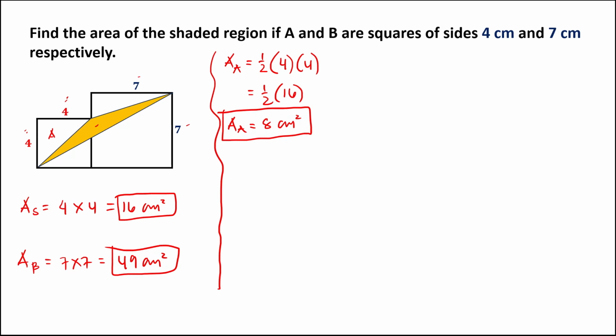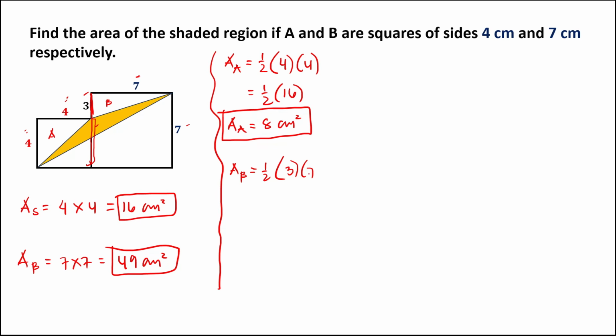Then we have the second triangle. This one is B. Now, since this one is 7 and this side is 4, therefore this side is 3 centimeters. So we can find now the area of triangle B. Again, this is equal to 1/2 times the product of these two sides.